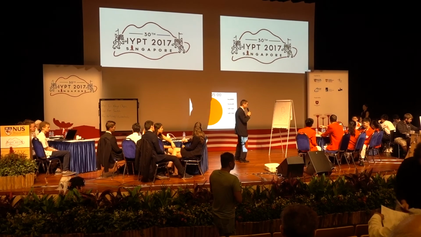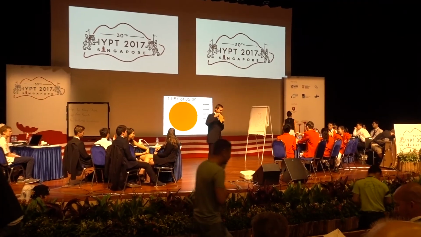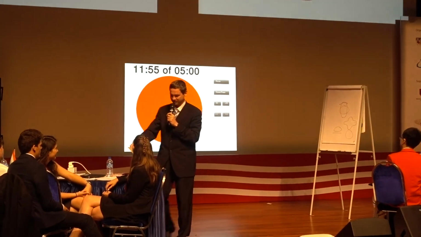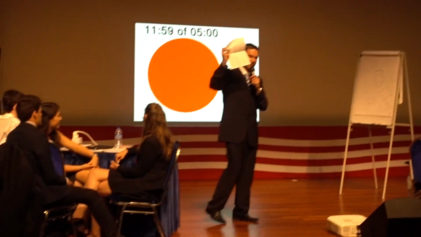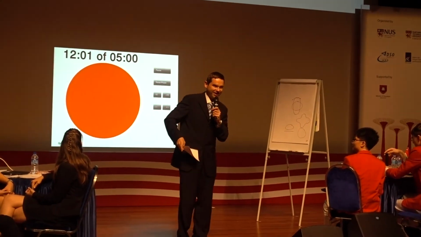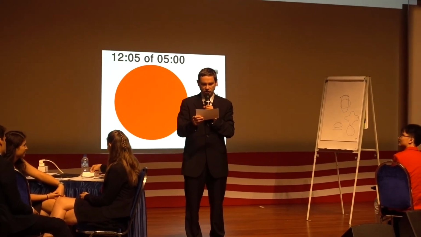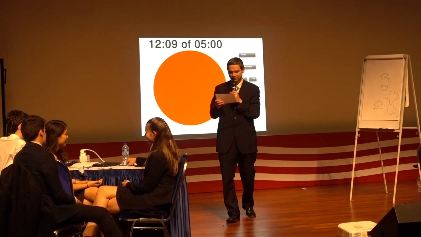So can I get the envelope with the results? You have to trust me. Okay, oh yeah, we are very ecological. This is an unused score sheet. And on the back side of the score sheet: position 4, Hungary, 38.5.